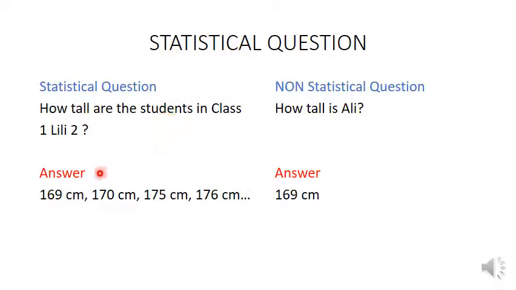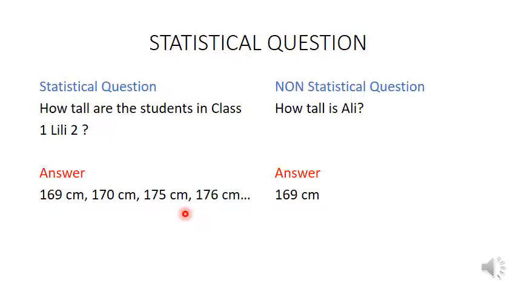And then look at the answer for the statistical question. If you go to the class and interview all the students, the first student may answer that his height is 169 centimeters. And then the second student you ask, 170 centimeters. And then the third student and the fourth student also tell you their height. You jot down all their heights.